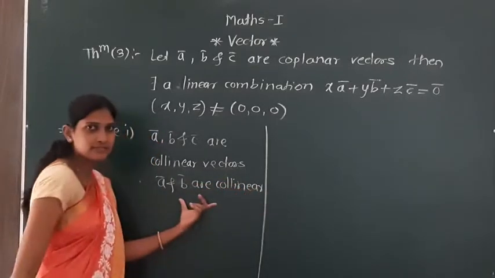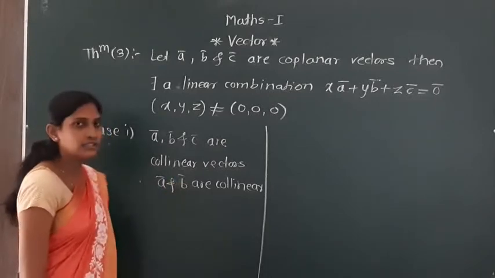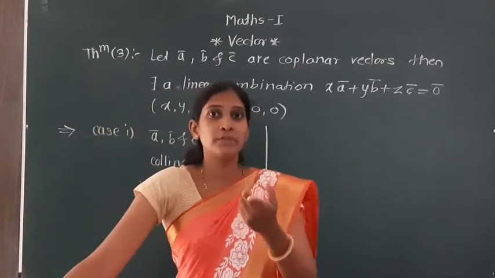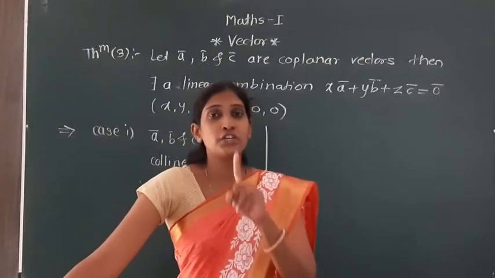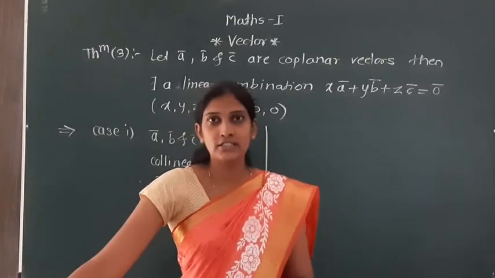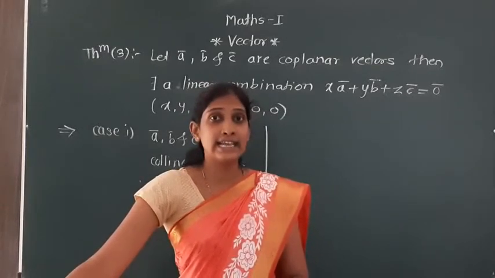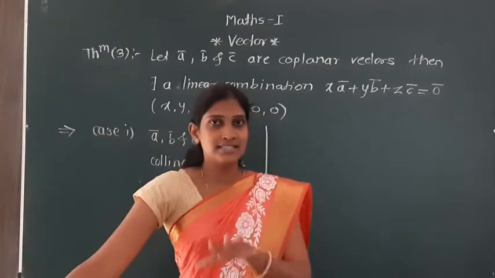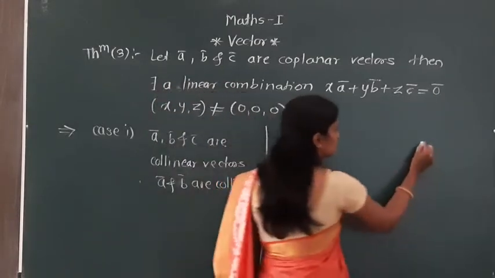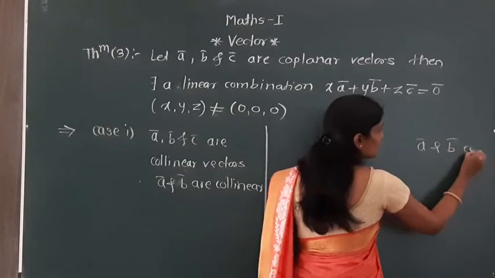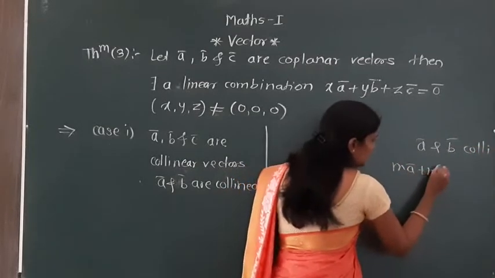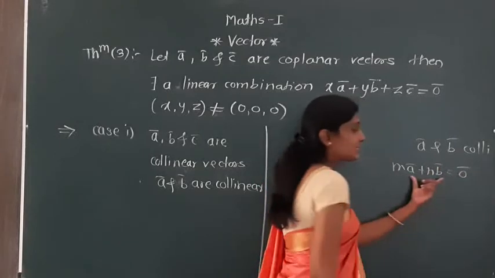Then by theorem 1, and you have to remember theorem 1: if a bar and b bar are collinear vectors, then there exist scalars m and n such that m a bar plus n b bar is equal to 0 bar. This is our theorem first.